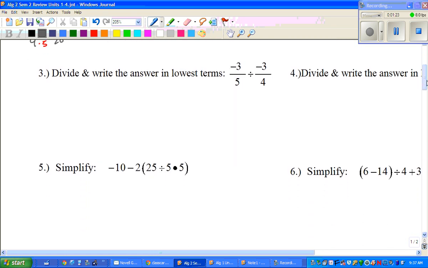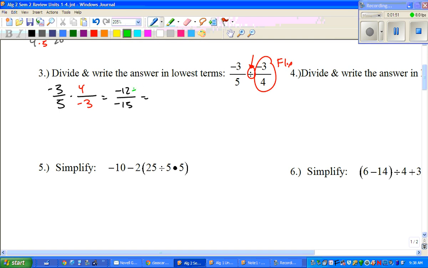All right, number 3 says divide and write the answer in lowest terms. Now, we've talked about division, that we have to flip, and then we're going to multiply by the reciprocal. So 4 and negative 3. Now, 2 ways to do this. You can multiply straight across and get negative 3 over negative 15, which reduces.